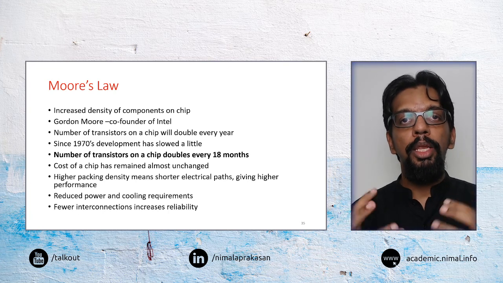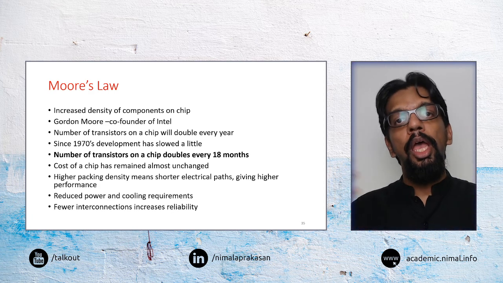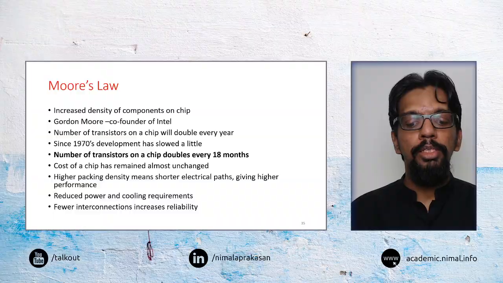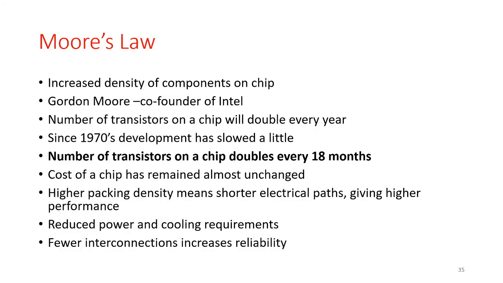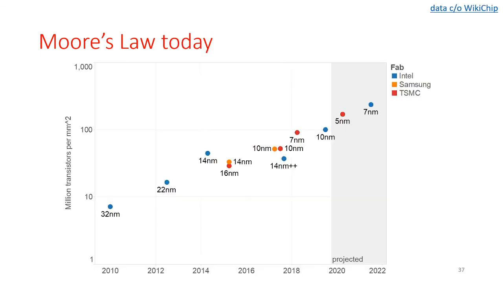So we can bring more and more transistors within a particular size of a chip, and that would enable faster, more capable devices to be developed. And that is something that we are seeing today as well. Over time, computing capabilities keep on improving. So that is what Moore's law identified initially.